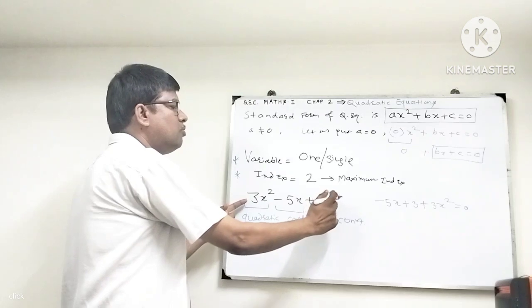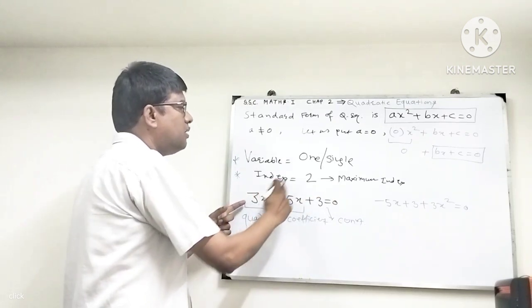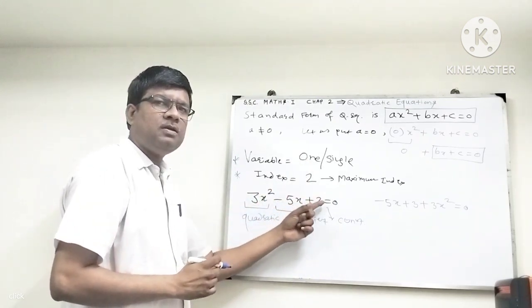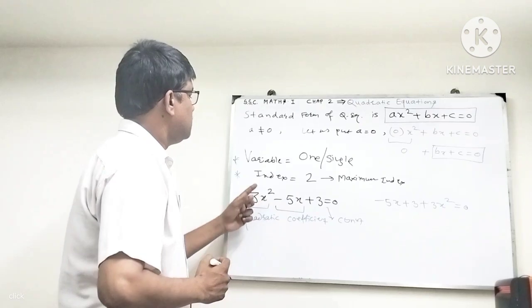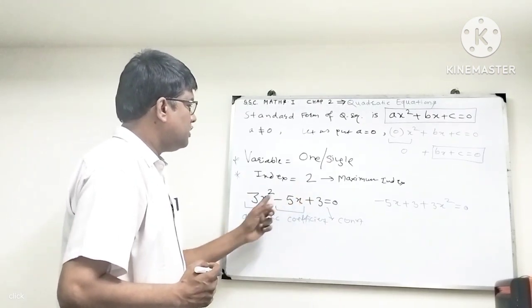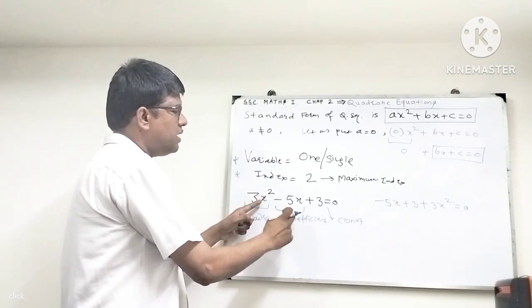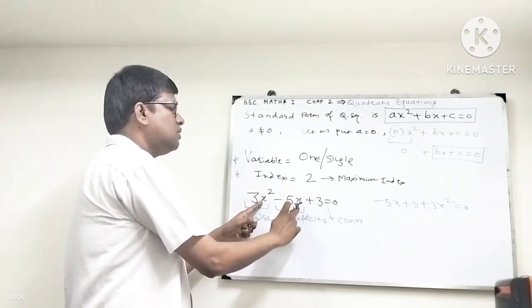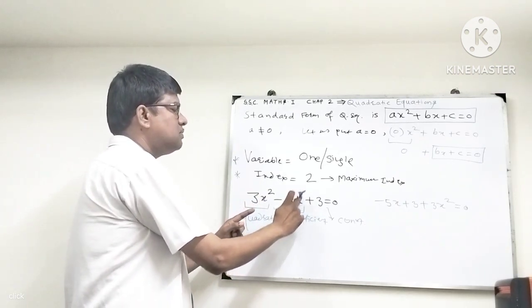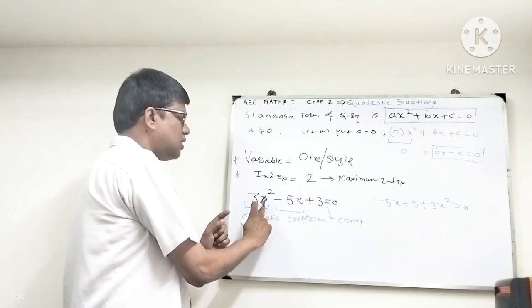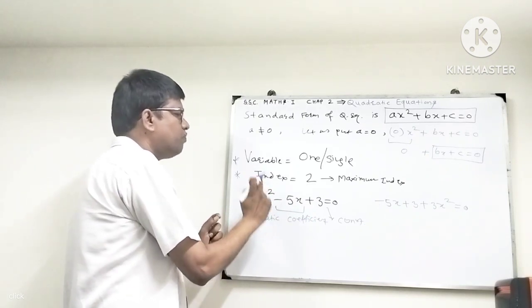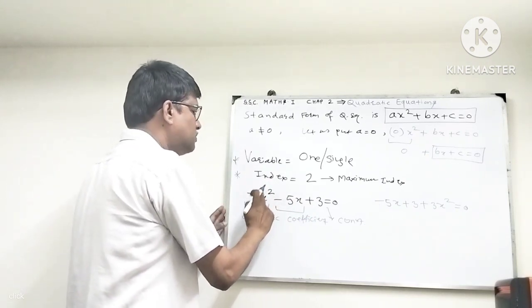Yes, there is a single variable, and which one is it? It is x, and the index of that variable is 2. Maximum index: there are two indices for the variable x. This coefficient term has index 1 and the quadratic term has index 2, and the maximum index is 2.